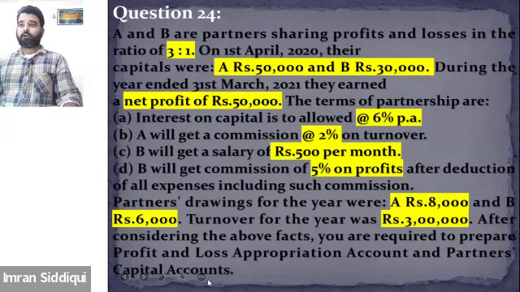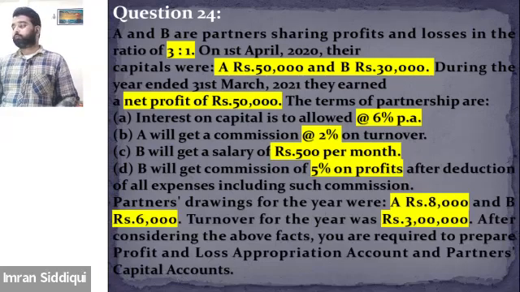I'm pretty sure that you already know how to prepare it, so I want all of you to start preparing the P&L appropriation. Prepare it in your notebooks, and then we will talk about the partners' capital account.